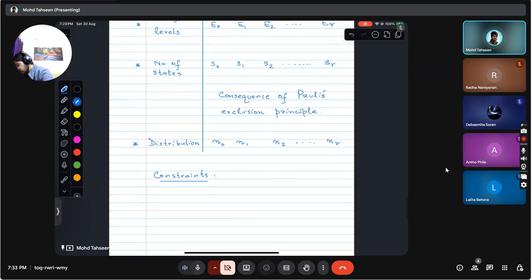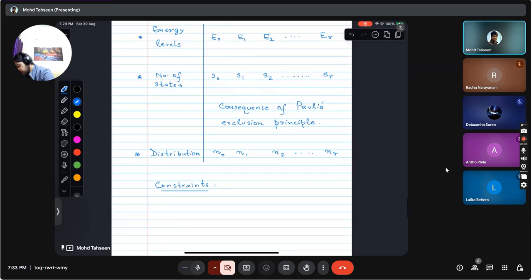Now the first constraint that we assume is that total energy of the system is fixed.